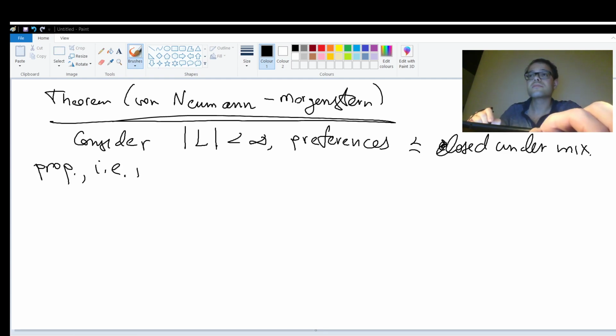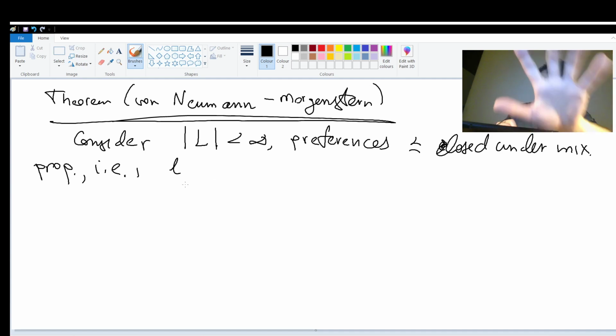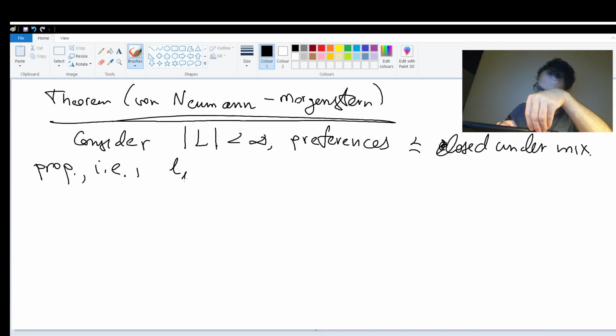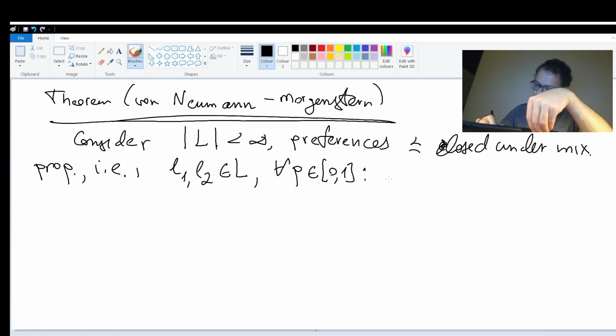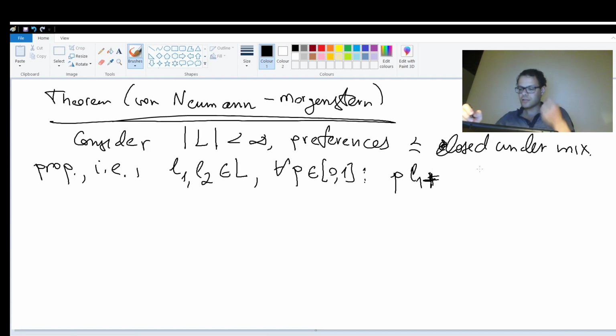which means that if you have two lotteries, two things you get, L1 and L2 in this set L, then for each probability P between 0 and 1, a convex combination of the form P L1 plus (1 minus P) L2 will also be in L. Remember, the plus is symbolic, because L1 and L2 are not numbers.